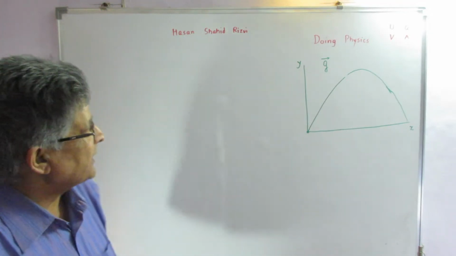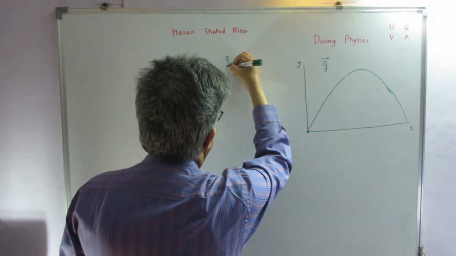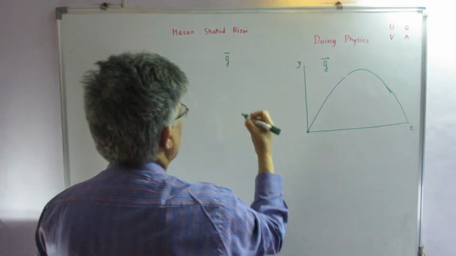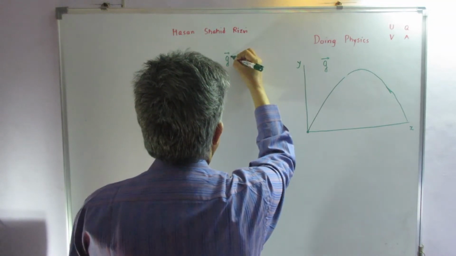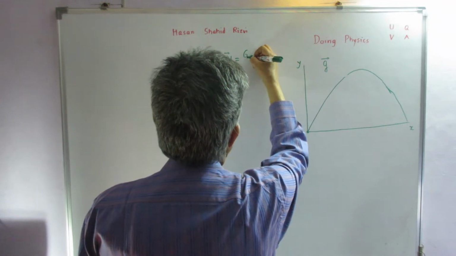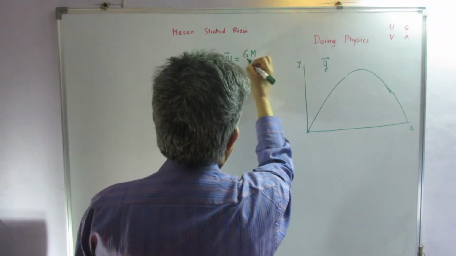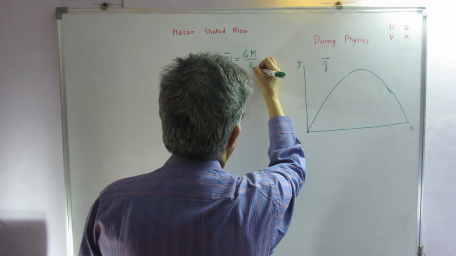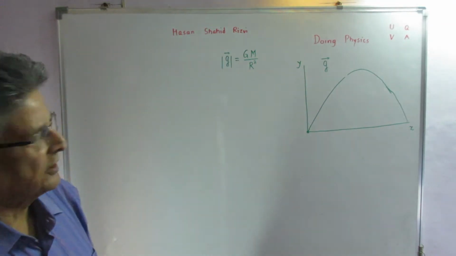What I have used is the term the field of gravitation. If we recall, I introduced this g as equal in magnitude to capital G, the universal gravitational constant, times the mass of the earth divided by the square of the radius of the earth.